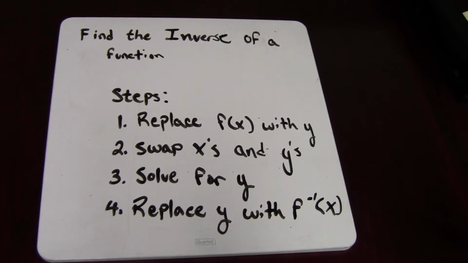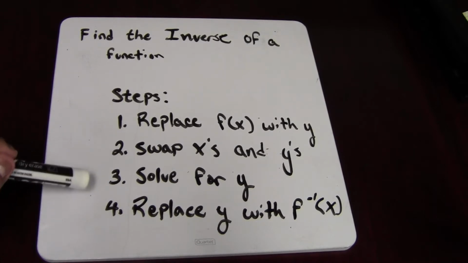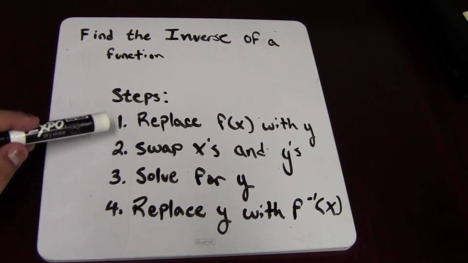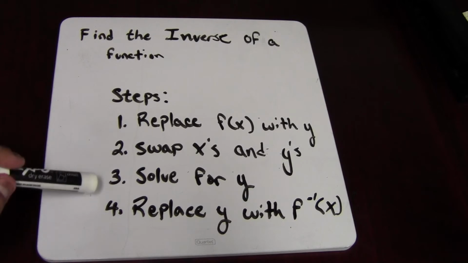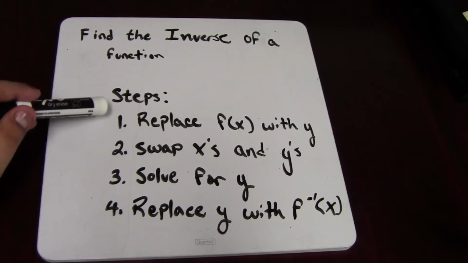And then step 4, we replace y with the f inverse notation, where the superscript is a -1 above the f. It's important to note here that these steps sometimes are a little different depending on a book that you may have looked at. So at the end of the day, they are all going to get you to the same place.